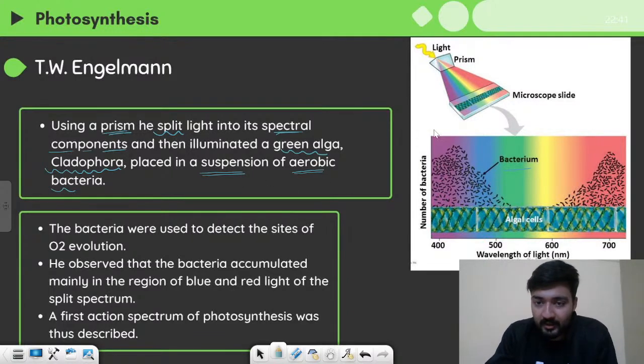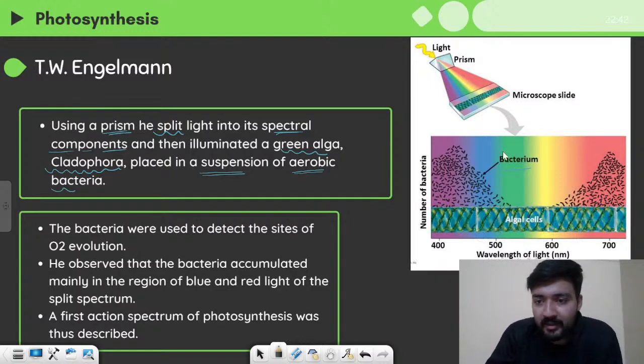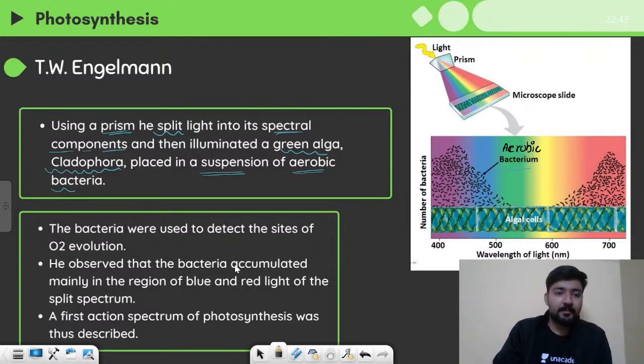As you can see, in a beaker, this Cladophora was used and some aerobic bacteria were used. Aerobic bacteria are the bacteria that require oxygen for survival. So you can imagine, wherever there is production of oxygen, these bacteria will appear more in number, right?